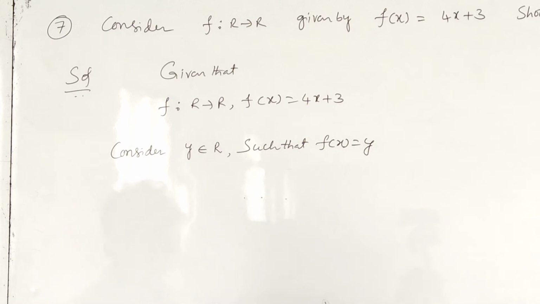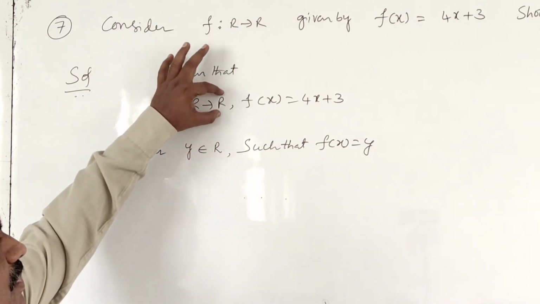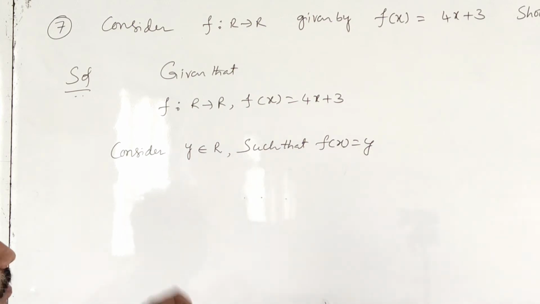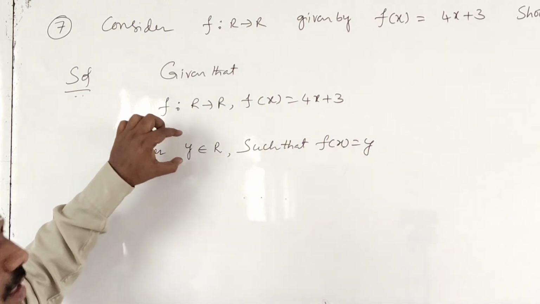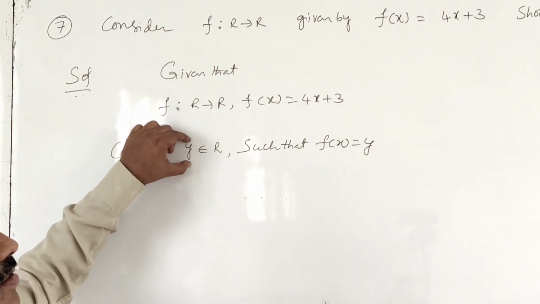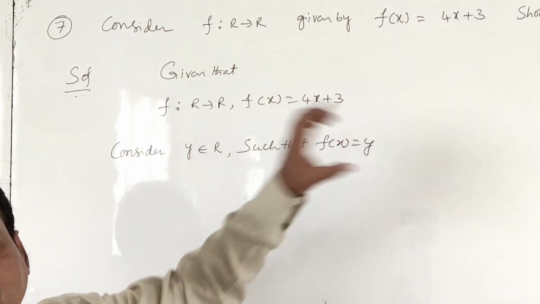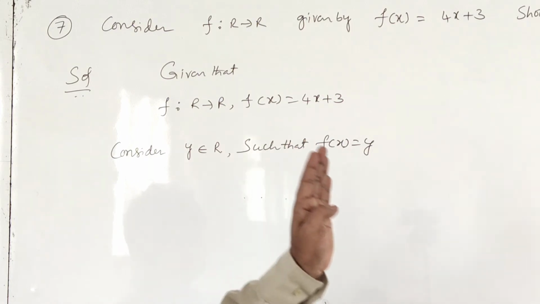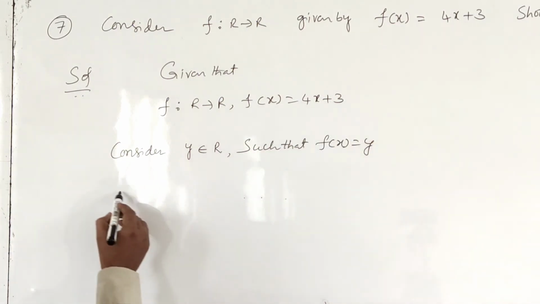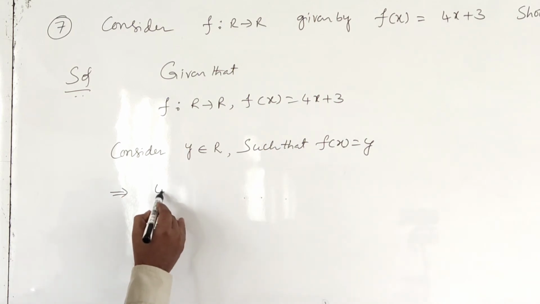What does it mean? In this codomain, real numbers means we have infinite. Let me assume one number y. This y belongs to R. How does this element relate to that element, and f of x is equal to y. So now what is f of x in this problem? 4x plus 3.